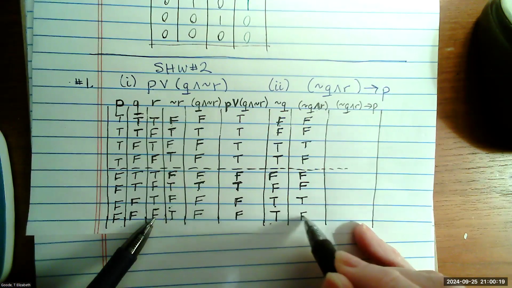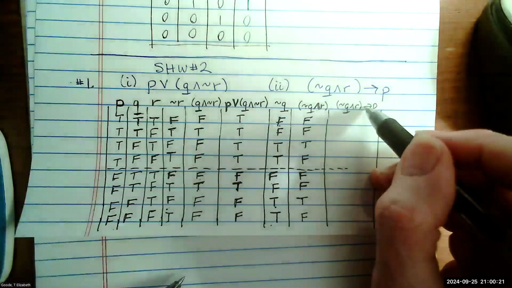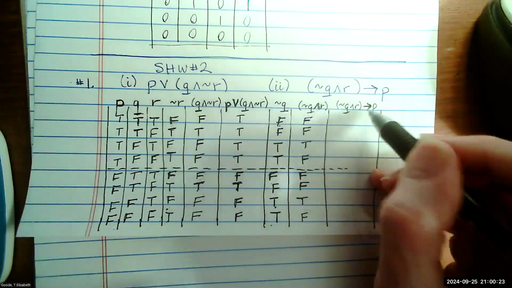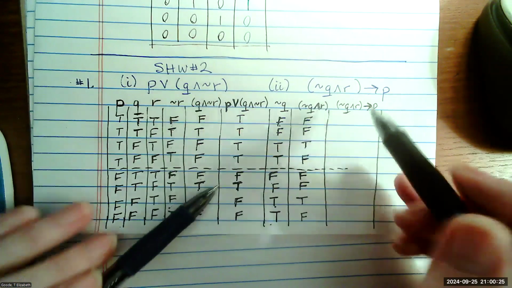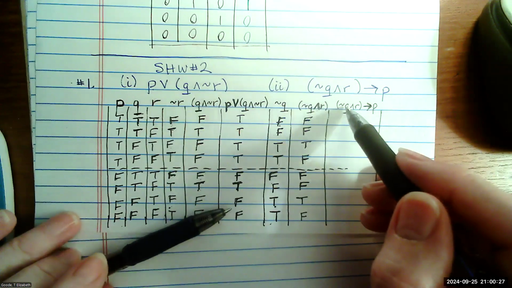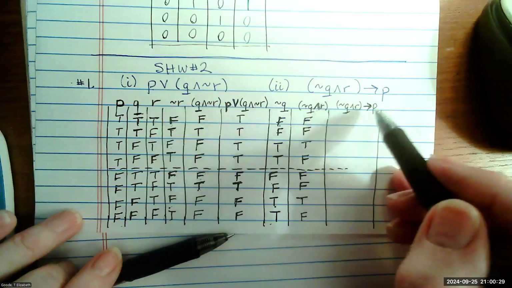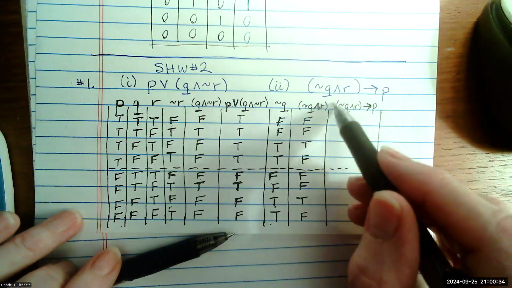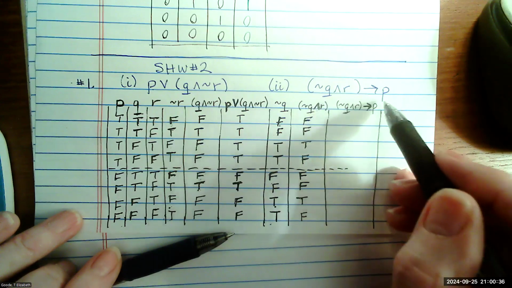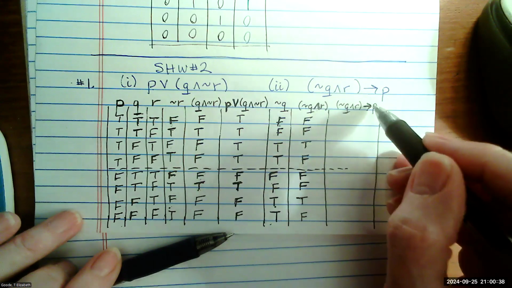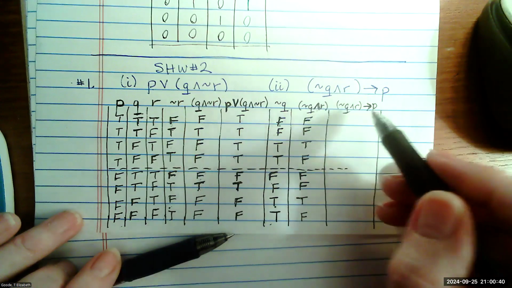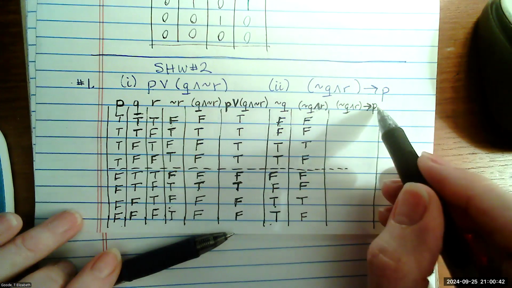Okay. Now we have to evaluate the if-then operator. Now remember, if A, then B only fails if the hypothesis is true and the conclusion is false. In all other instances, the if-then is true.